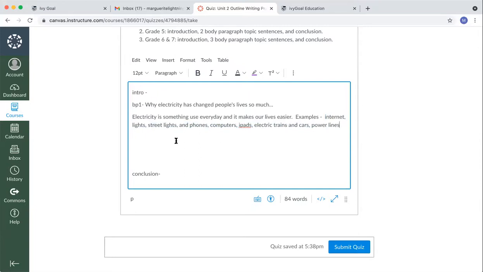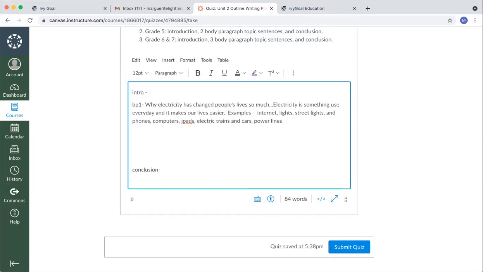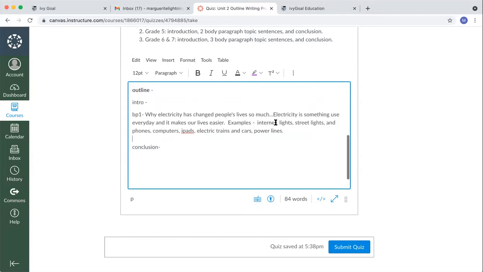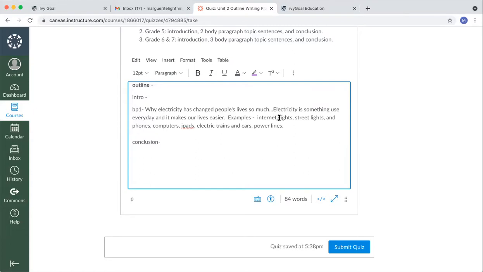Okay, so in our outline, this would be our body paragraph 1, why electricity has changed people's lives so much. And this is going to be our answer. When we write the real essay, we are going to expand. We're going to talk about more examples, like what type of lights and how does the electricity help a computer, and where are power lines, stuff like that.